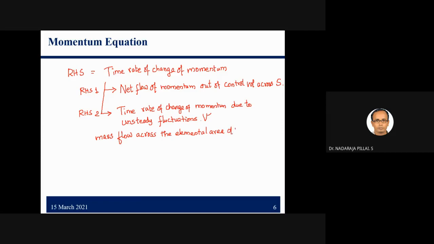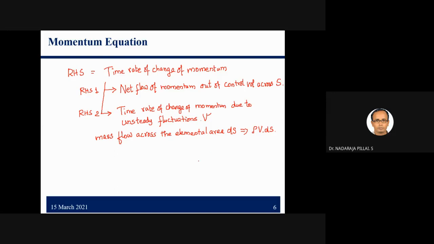Let us say the area is dS. Then we can write this as rho V dS, right?